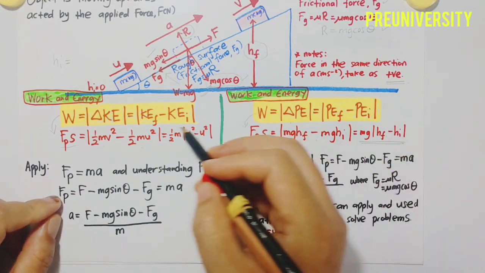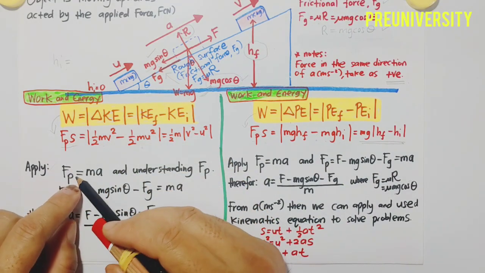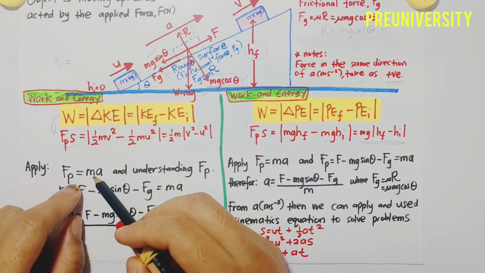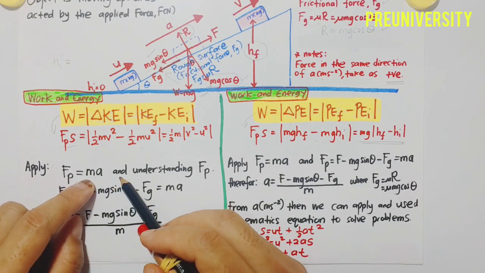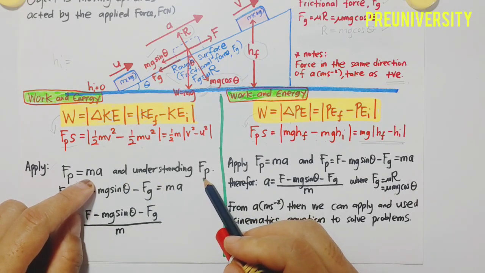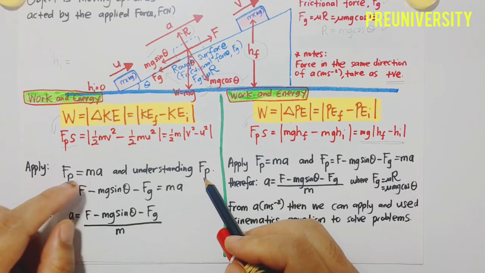Okay, so we continue here. The resultant force Fp is equal to ma, which refers to Newton's second law, and we need to understand the resultant force.